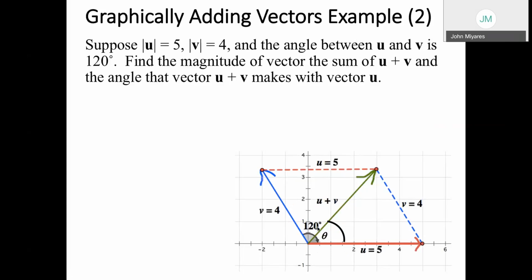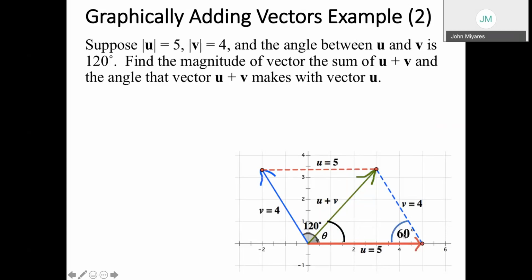What is safe to assume, however, is that since we have a parallelogram, this angle here in the right corner is going to be 60 degrees because the two successive angles in any parallelogram must add up to 180 degrees.